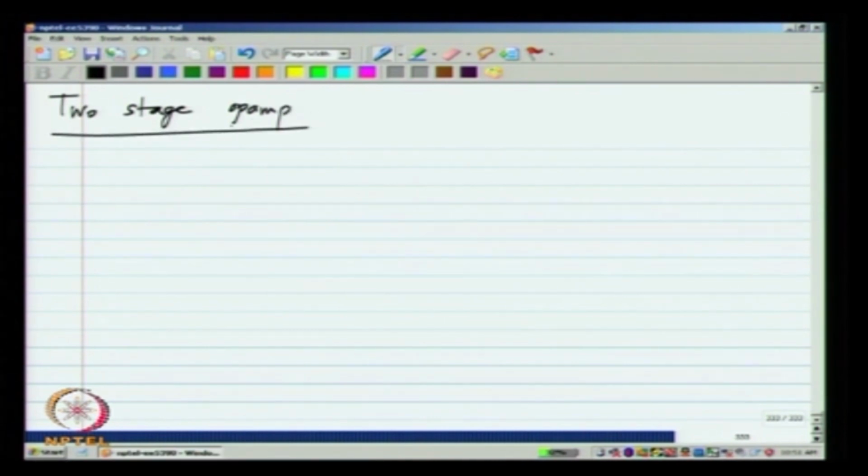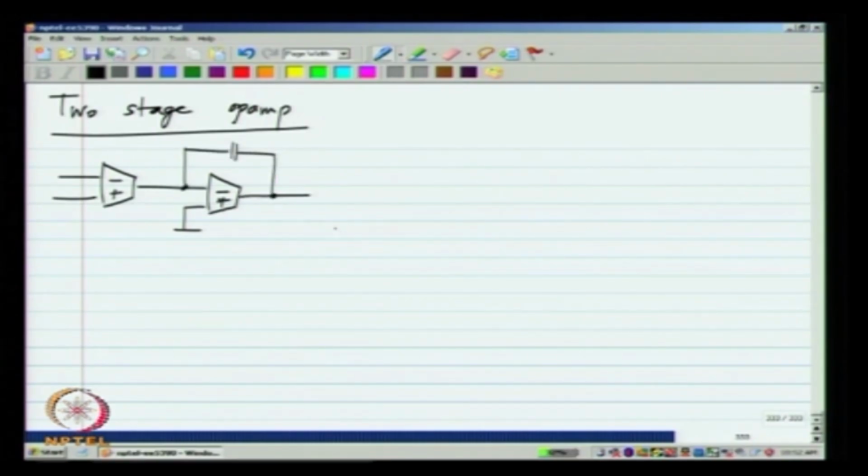Let us recall that the 2-stage op amp had a topology like this. Now, in addition to that, we have a buffer. Okay.